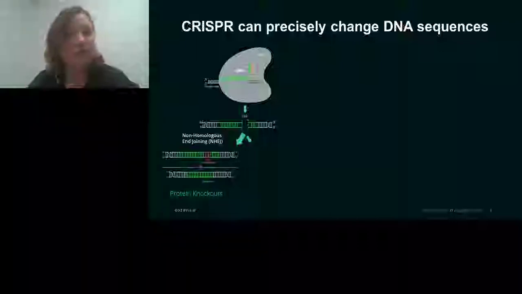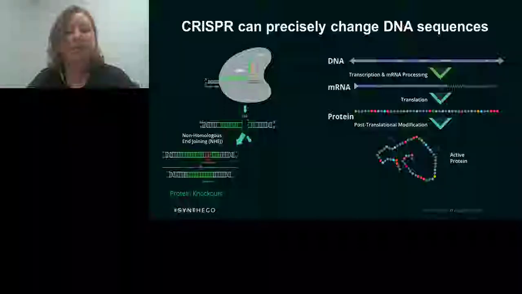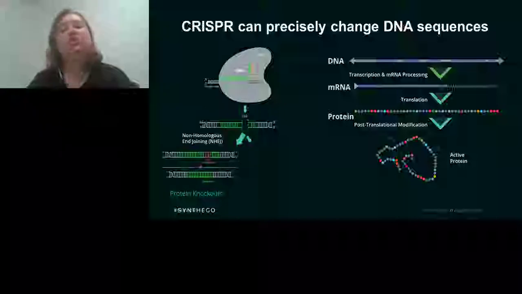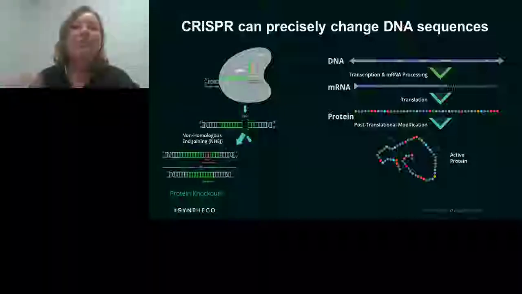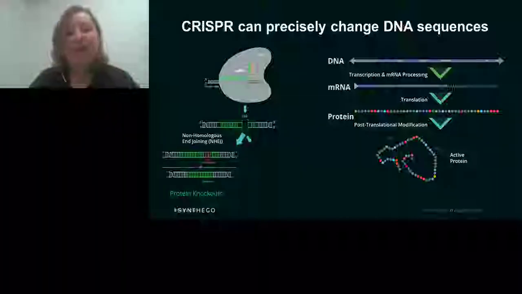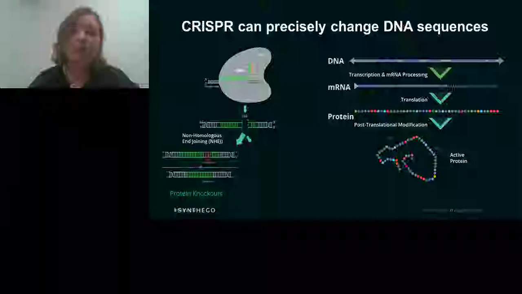So how do we actually do this using CRISPR? If we remember back to our central dogma of genetics, the genomic DNA gets transcribed into mRNA, which then gets translated into protein. And so if we make an insertion or deletion at the genomic DNA level, that's then going to affect the open reading frame that the mRNA makes, and thereby the protein sequence that is utilized.